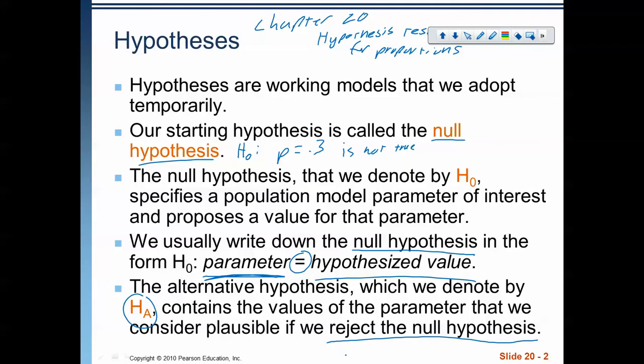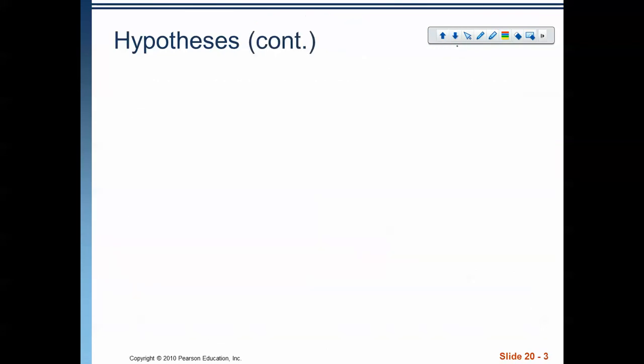We're going to test that, and the alternative hypothesis would be that the actual proportion of blue M&Ms is smaller than 0.3. So we're going to assume that it is 0.3, and then test, assuming that this is true, what makes sense. We're going to test to see if the alternative hypothesis, that it's smaller than that, is plausible.